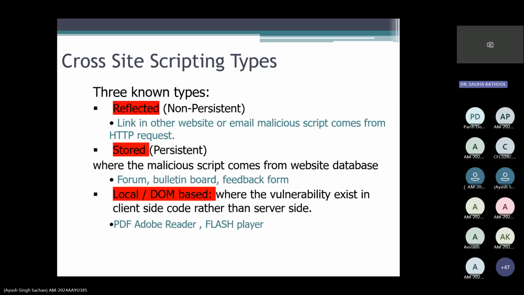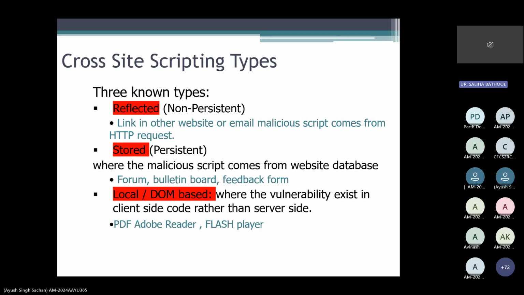Here there are three known XSS types. Reflected, also called non-persistent. In reflected scripting, a link in another website or email carries malicious scripts. For example, we get an HTTP request link to a website to fill in details, and we click those links. That is a reflected, non-persistent attack. Stored, persistent, where the malicious script comes from the website database, directly from the website.